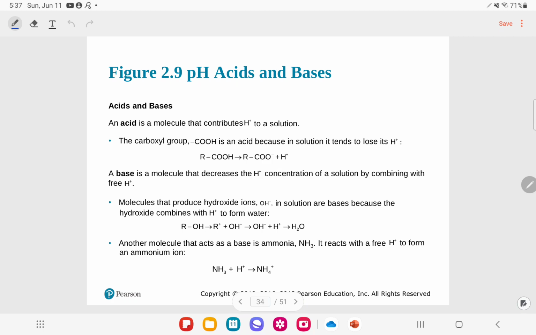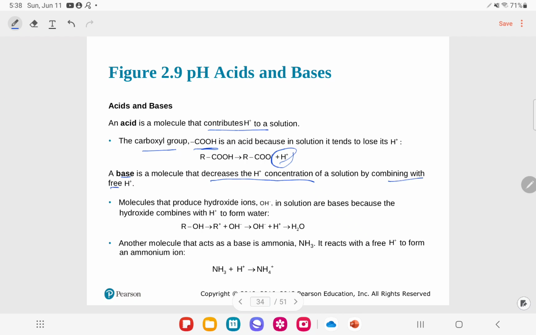An acid will contribute hydrogen ions to a solution. For example, a carboxyl group, which we also call a carboxylic acid, contributes its hydrogen when it's in solution. So it loses that hydrogen. A base is a molecule that decreases hydrogen ion concentration in solution by combining with free hydrogen.